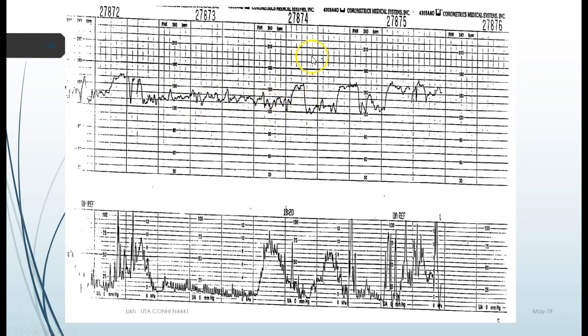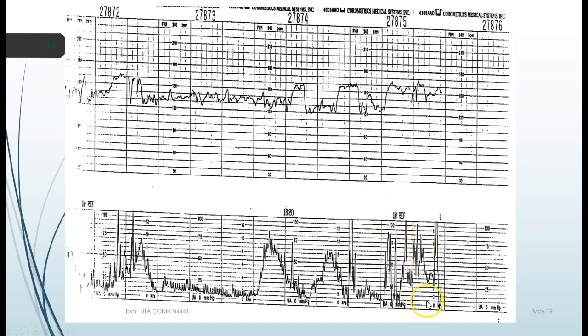Here's another accel going up to almost 160. Another accel going up to 160. Another accel going up. We've got contractions down here. This kind of stuff on the baseline right through here, she's pushing. That's what these big spikes are.